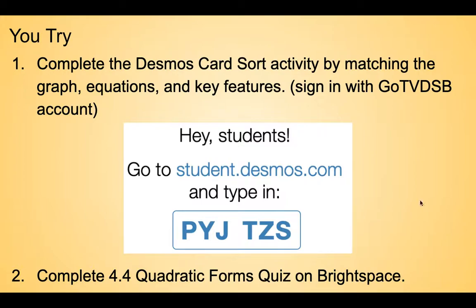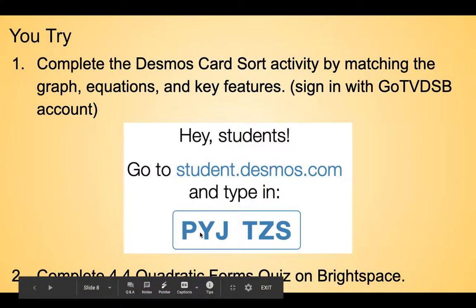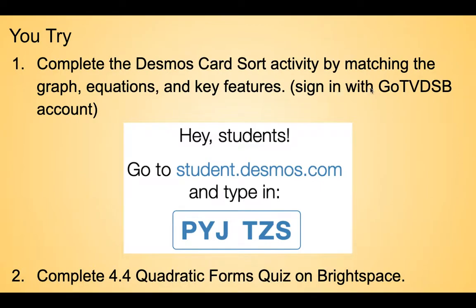For practice questions, I've made up a Desmos card sort activity. If you go to students.desmos.com in any browser, it's going to ask you to type in a code. You're going to type in this code. It might ask you to sign in.